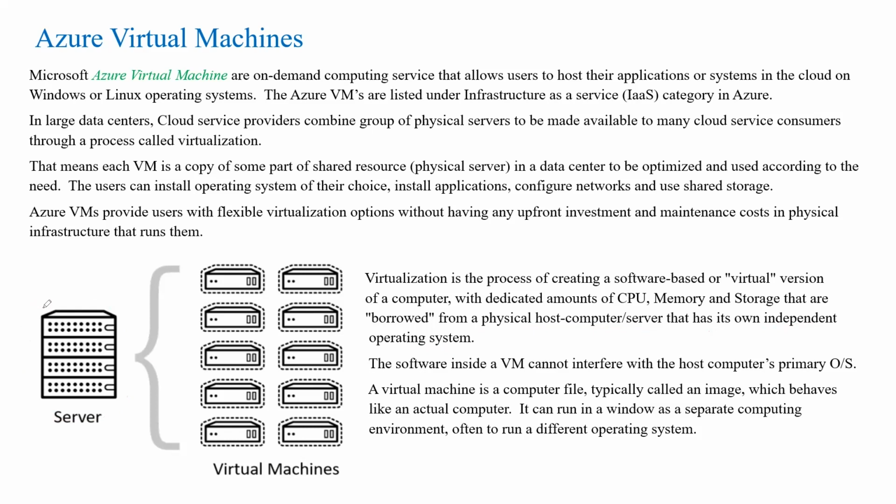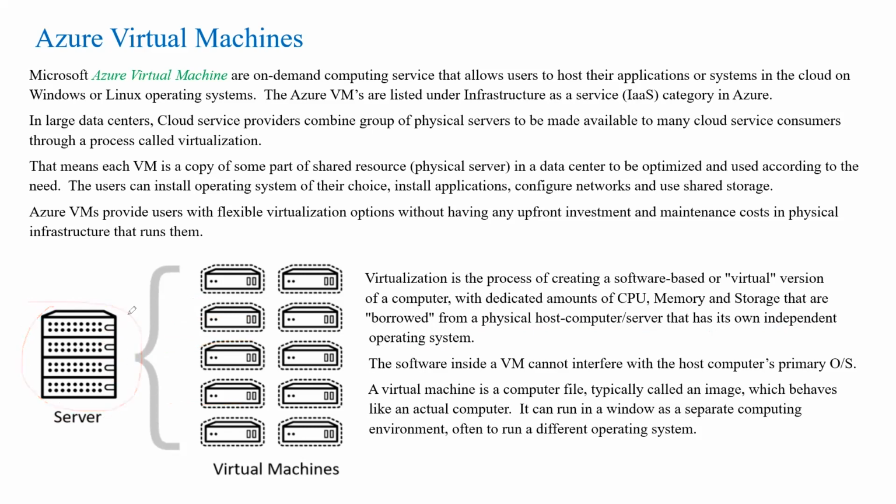In this Red Hat Enterprise operating system, there is a virtualization software installed and configured. This virtualization software will help the user to create as many virtual machines as he or she needs. Correct? And each has got its own independent operating system.